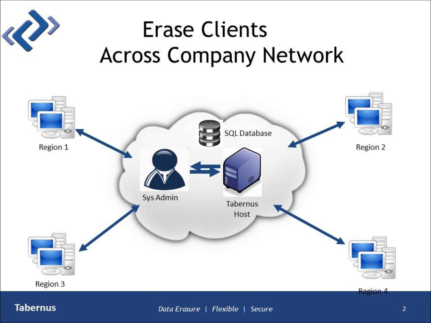The system admin has control over the host and can direct erasures through virtual private networks or pushing out ISOs or other methods of kicking off erasures. And all information is really centralized and gathered in an SQL database provided in the product by Tabernus. So it's a great way to centralize data erasure. It can be segmented by region or segmented by a centralized person with a global outreach.